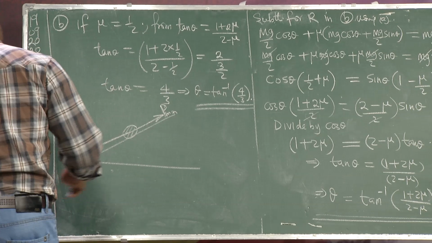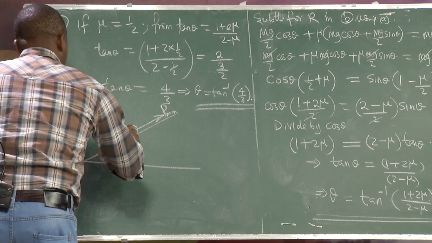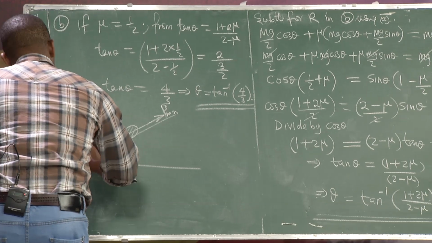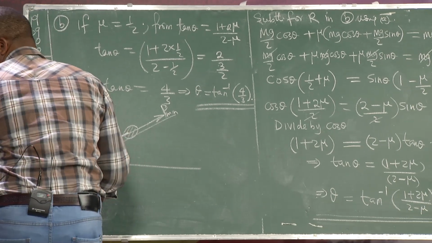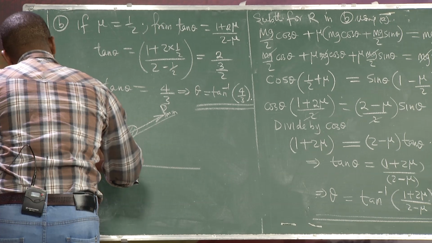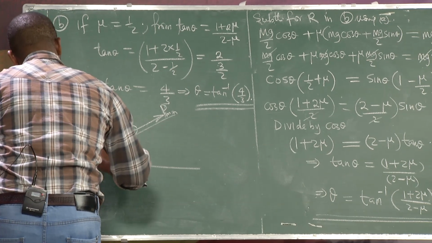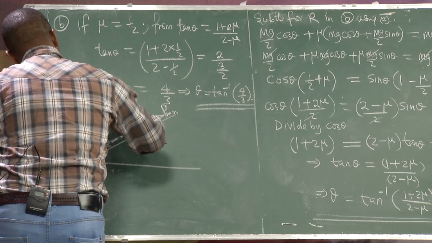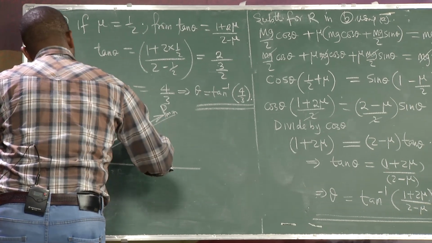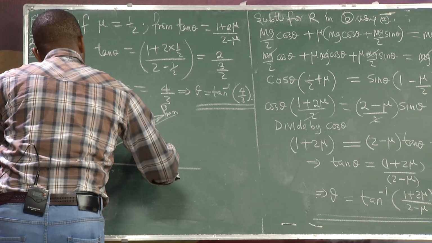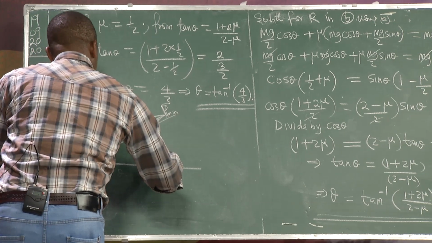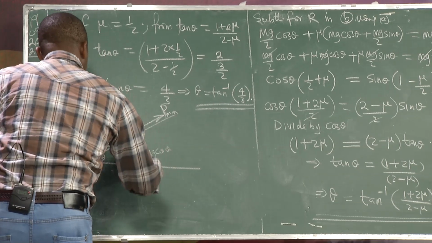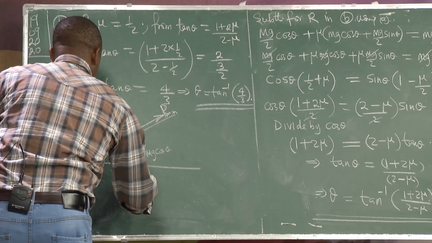Downwards, we have a component of force, and this is mg, the sine of the angle. Remember, we now know what theta is. Vertically or normally, we have the reaction, and we also have this force, which is mg, the cos of theta, and the normal reaction, which is 3g.